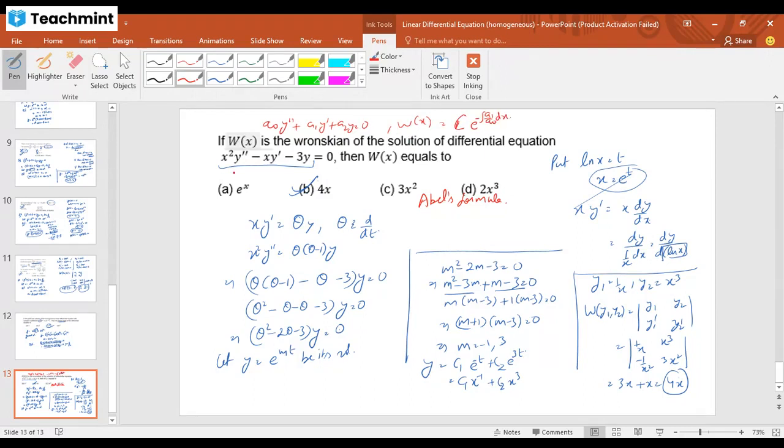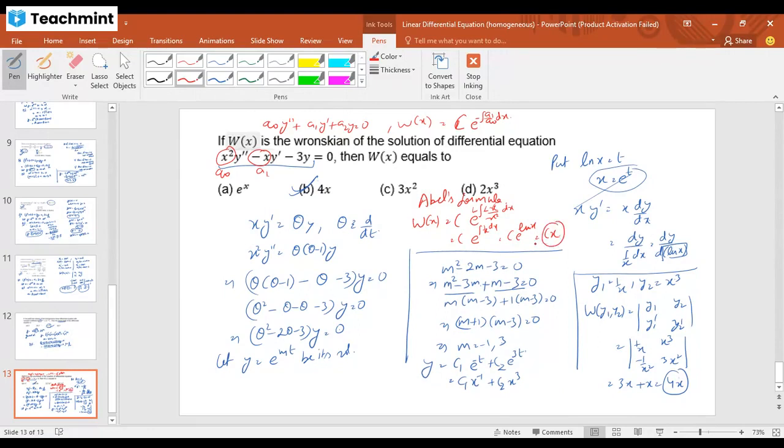So if we compare, what is a naught? This is your a naught, this is your a1. So what is the Wronskian of x? It is a constant multiple of e power minus integral of a1 upon a naught dx. Here a1 is minus x and a naught is x square, so it is c times e power integral of 1 upon x dx, that is e power log x, that is c into x, because exponential and logarithm are inverses of each other.